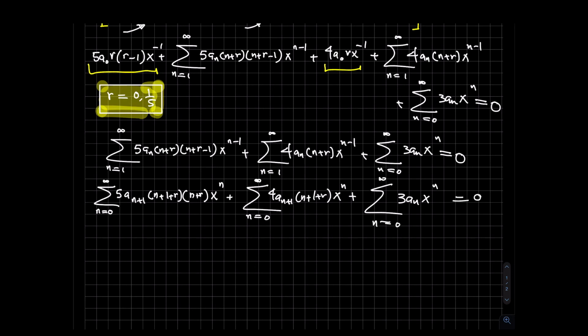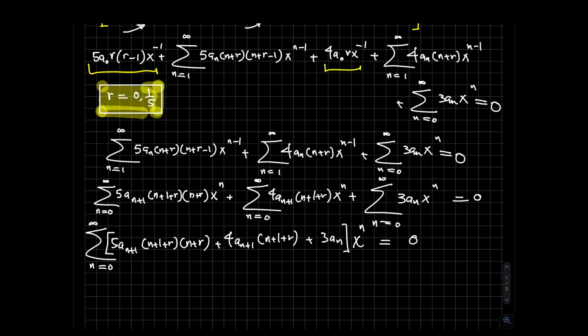So you notice that now I have my equation here, that I have my three summations all the same, so I could combine them together. So I have 5 a_(n+1), n plus 1 plus r, n plus r, plus, and of course there's a summation here, n equals 0 to infinity, and I have a bracket here, plus 4 a_(n+1), n plus 1 plus r, sorry, there's no x, and then plus 3 a_n, and close the brackets, x to the n equal to 0.